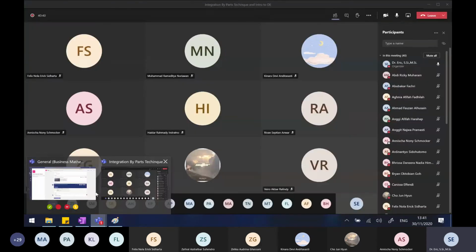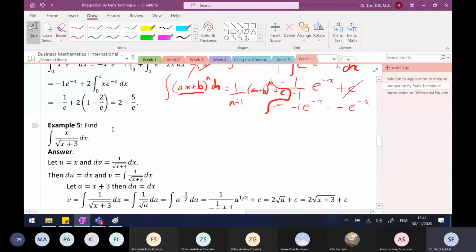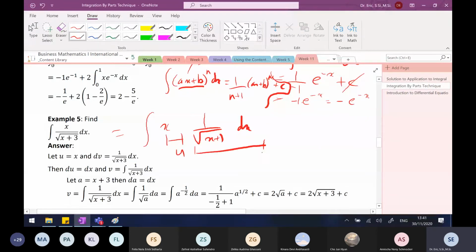Okay, let's carry on. Example 5. I want to find this. I know this is the same as the integral of x times the square root of x plus 3 dx. I want to use the integration by parts technique.